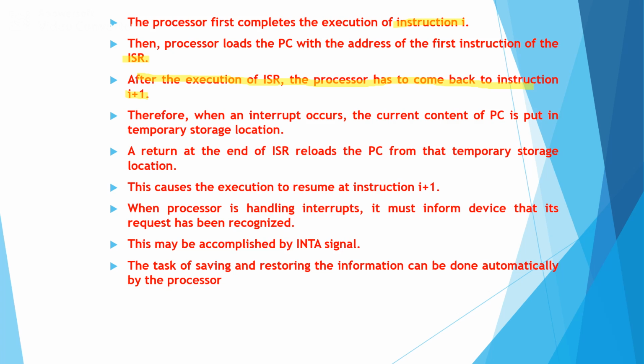Therefore, when an interrupt occurs, the current content of PC is put in a temporary storage location. A return at the end of the ISR reloads the PC from the temporary storage location. This causes the execution to resume at instruction I plus 1.